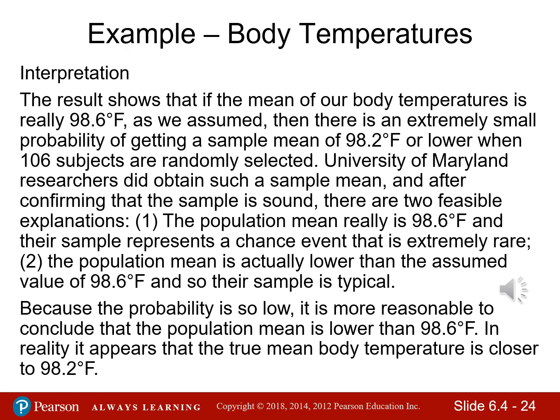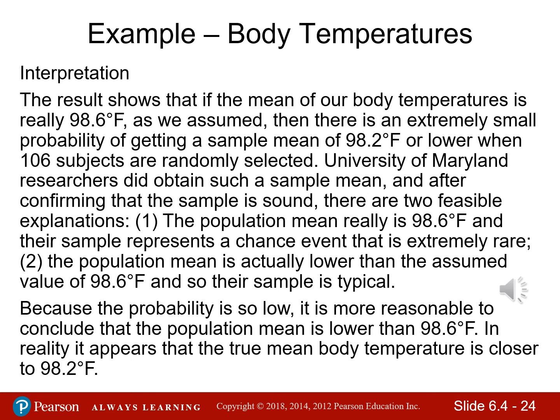The University of Maryland researchers did obtain such a sample mean, and after confirming that the sample is sound, there were two feasible explanations. First, the population mean really is 98.6, and their sample represented a chance event that was extremely rare. Or second, the population mean is actually lower than the assumed value of 98.6 degrees Fahrenheit, and so their sample might be typical.